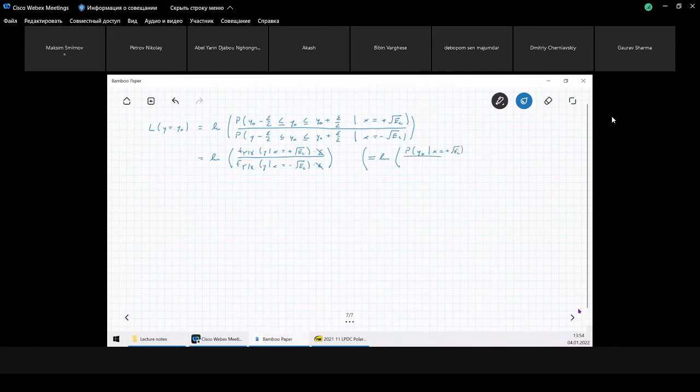Divided by the probability to observe a y0 given that minus square root EC was transmitted.